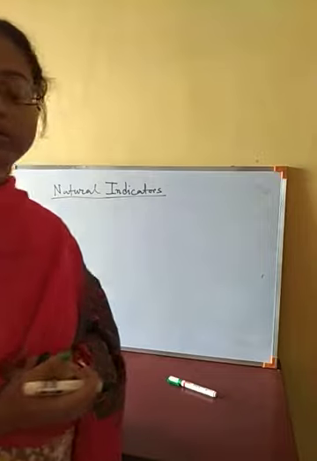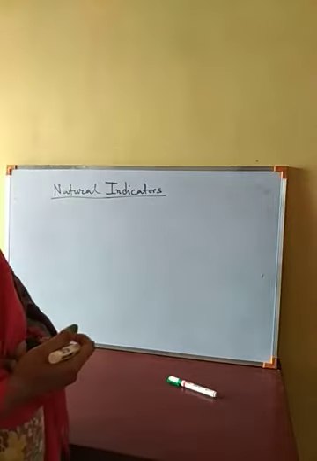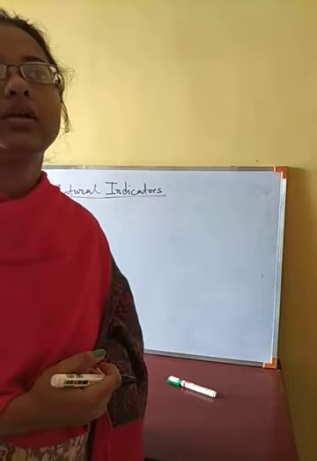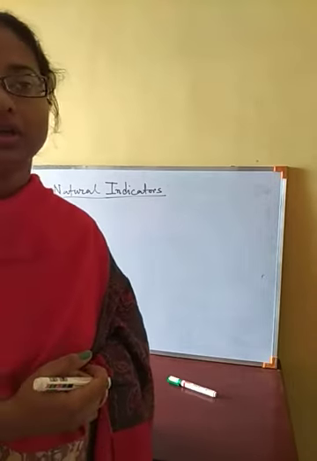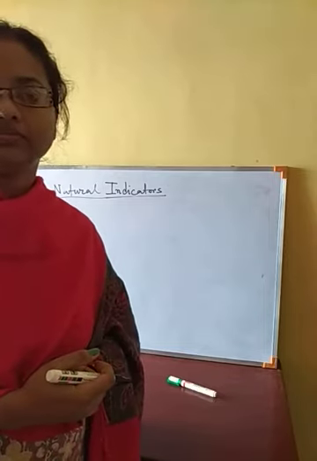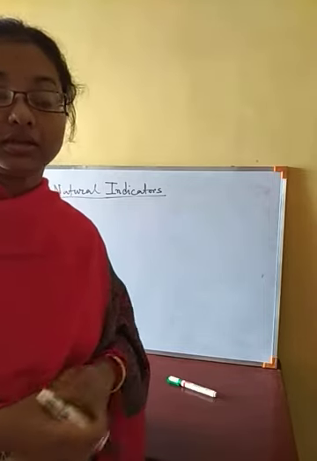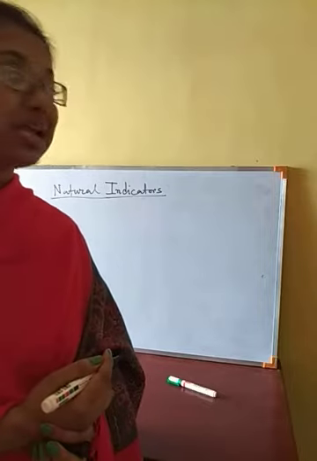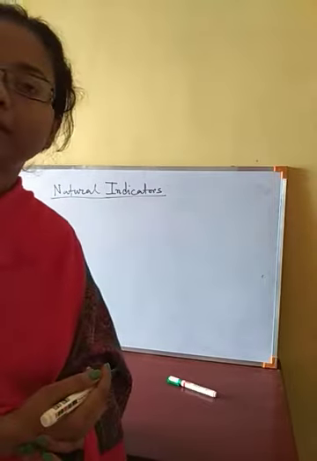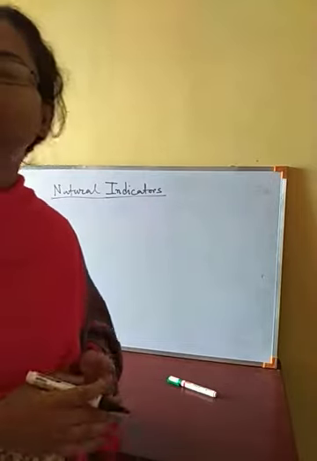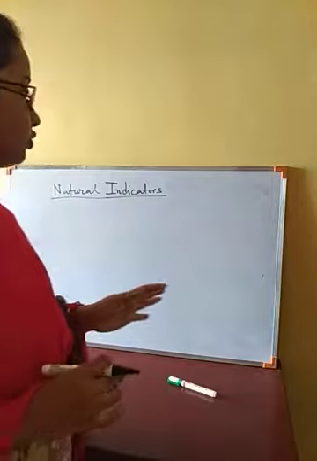What do we mean by that? Natural indicators are the indicators which we find naturally, like turmeric juice or the extraction of the colorful petals of different flowers, which can be used as indicator. They will show different colors in acid and in basic medium, so that we can use them as indicator, and here we are going to do that.